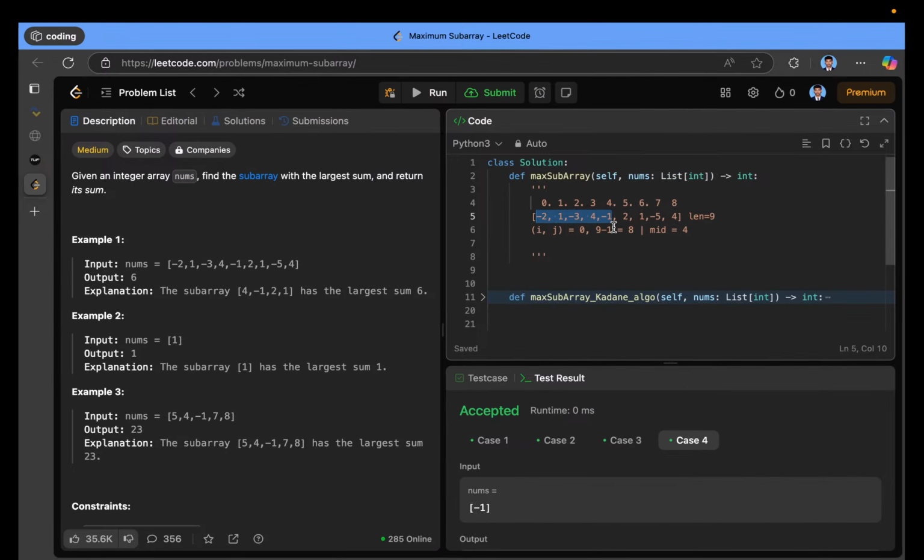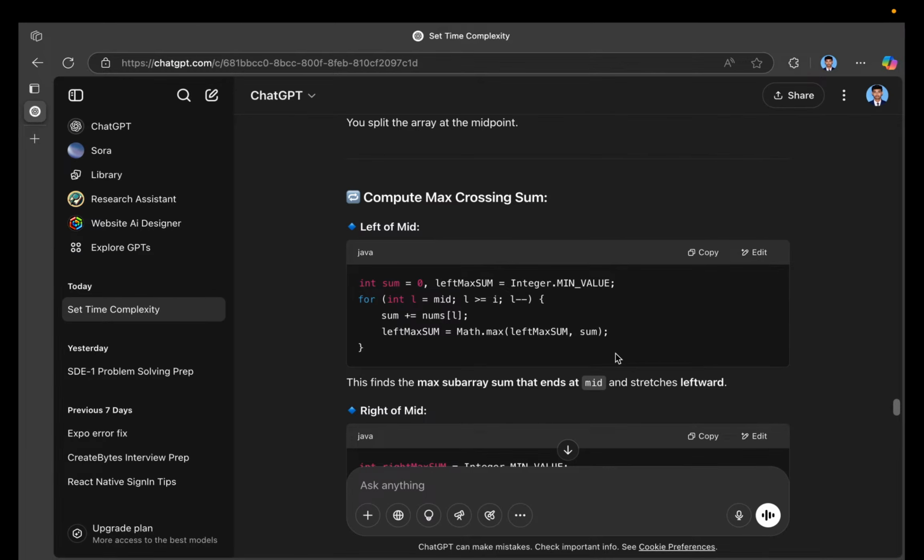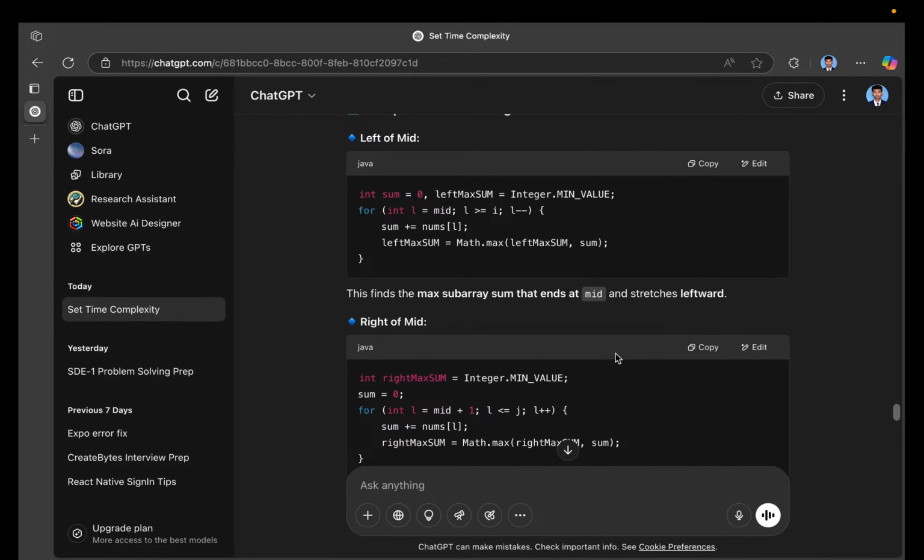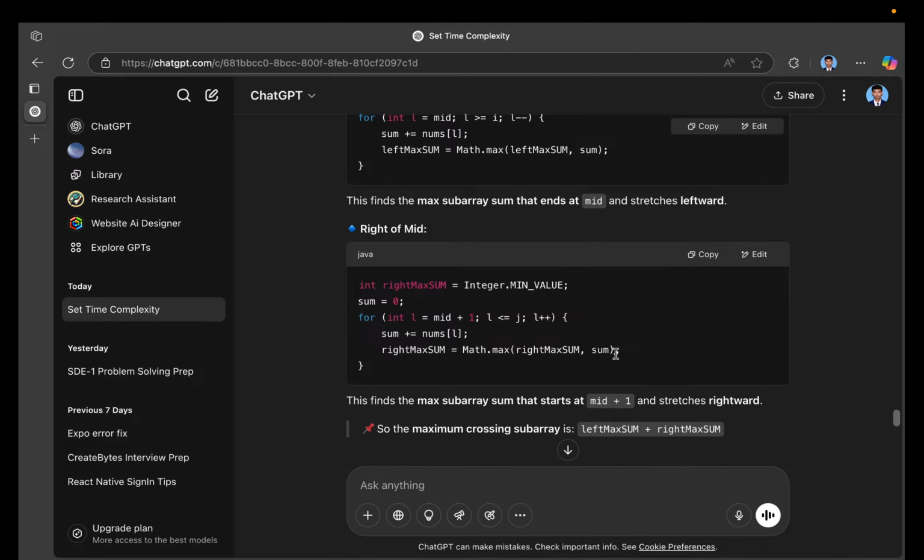Okay, continuous, they are getting the sum of the whole thing one by one and then taking the maximum they can get from this left half, and doing the same for the second half. Okay, I understand. Then now what?